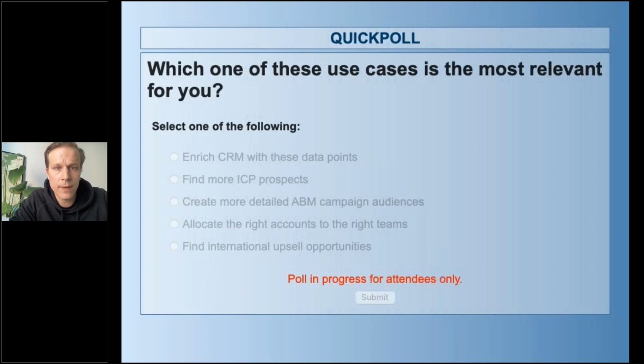And if you feel that the criteria you have in the different mediums like LinkedIn are not accurate enough, then you can easily upload lists that you created in Vainu, because we're now also including LinkedIn links. Allocating the right accounts to the right teams, 10%, and then some of you felt that finding international opportunities is the most important one.